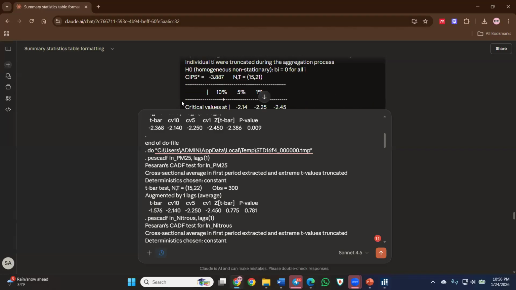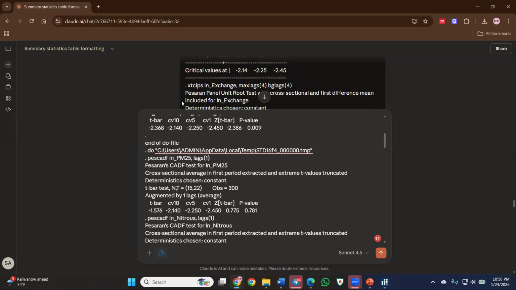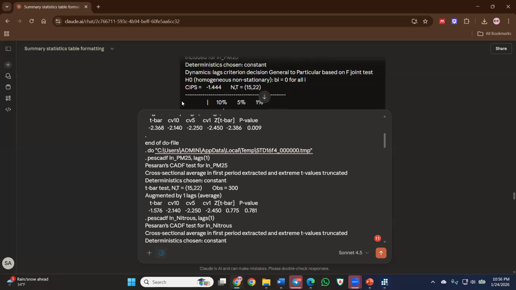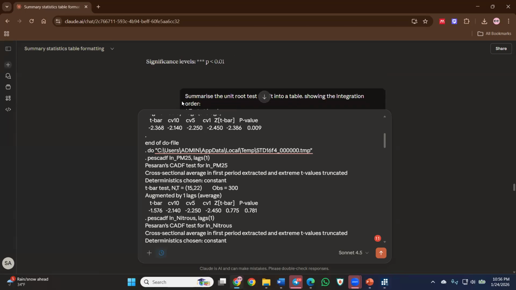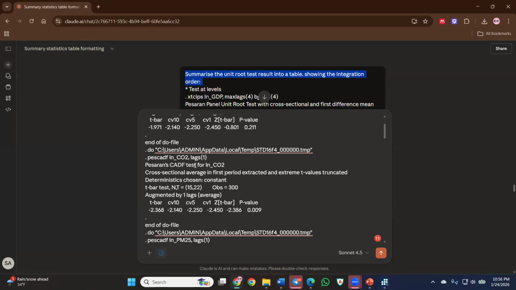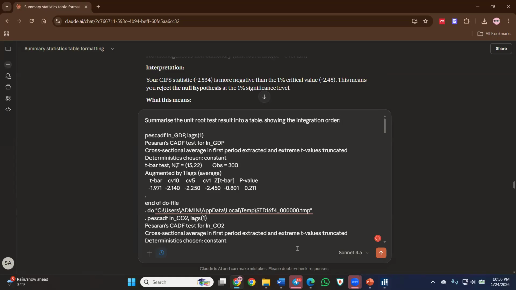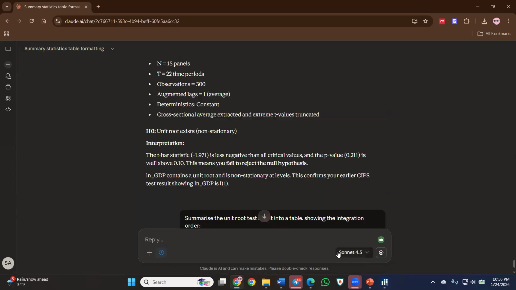If you have a question on the unit root, you can ask. We are done with the unit root. If you have a question, you can ask while I'm trying to summarize the results into a table.